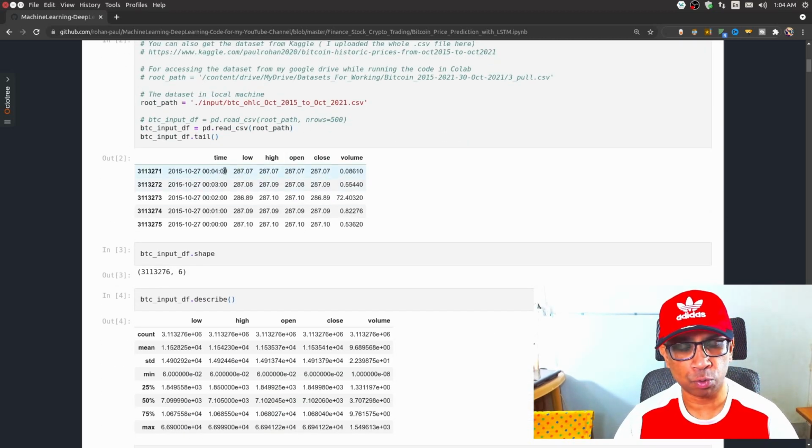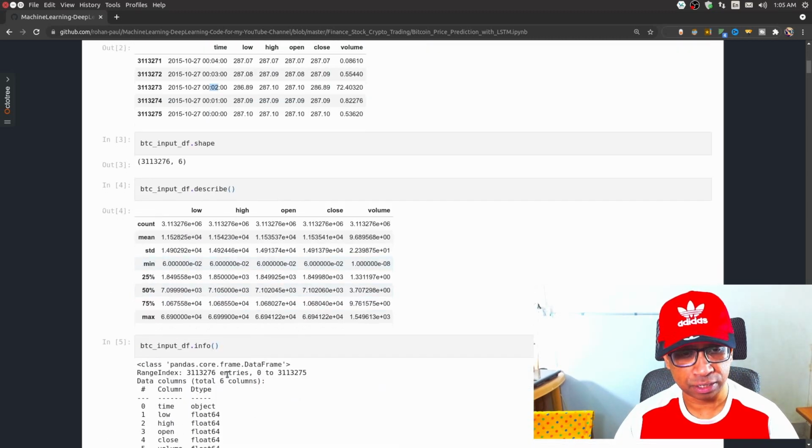And so this was the data. We had OHLC data, that is open, high, low, close, volume data, and the corresponding timestamps. Initially we downloaded the entire dataset on a per minute basis.